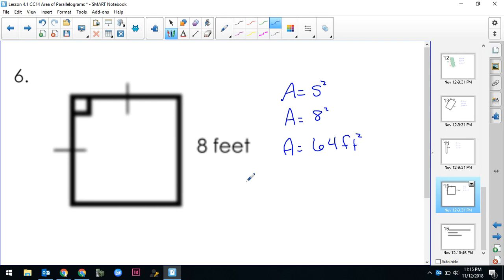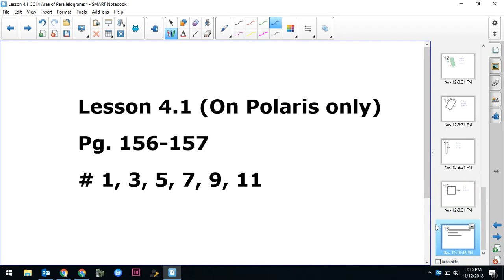Okay, today's I is not written on the board, so I have it written here. If you need to keep your notes out for the formulas, go ahead and keep them out. If you think you know them, great, you can put your notes away. For today's I, please make sure you note that this is lesson 4.1, but it is not in our textbook.